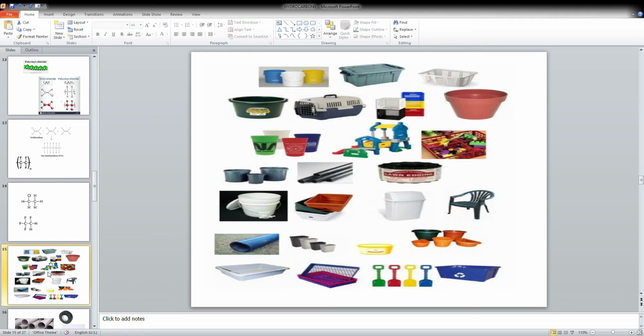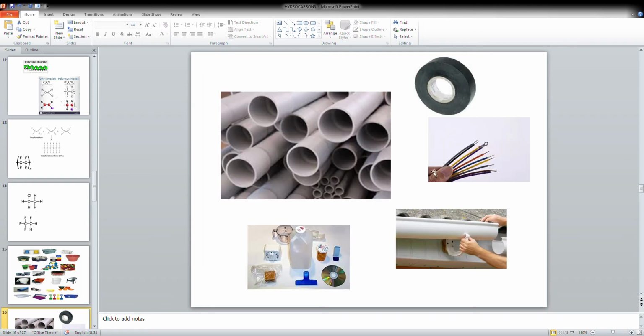Here, these are the many plastic items, right? Natural, artificial ones, sorry. And next, you get PVC, polyvinyl chloride, in the gutters, right? And you can see so many things where we use PVC. PVC is now a very important part.